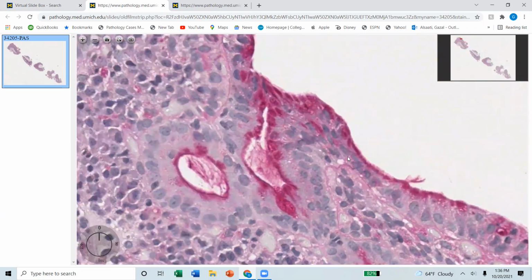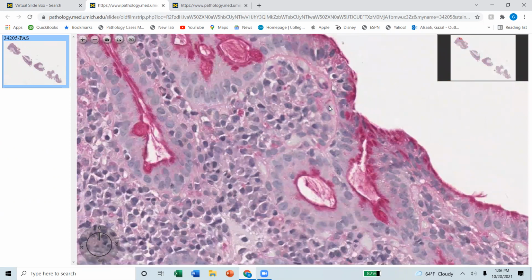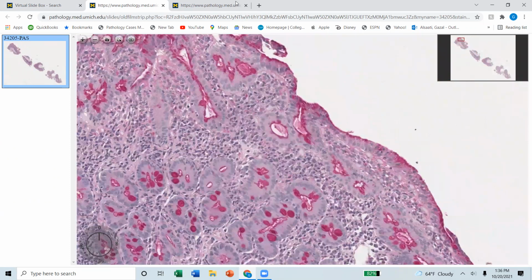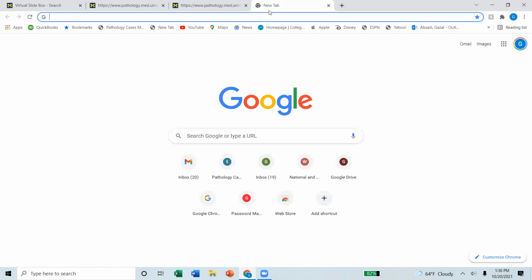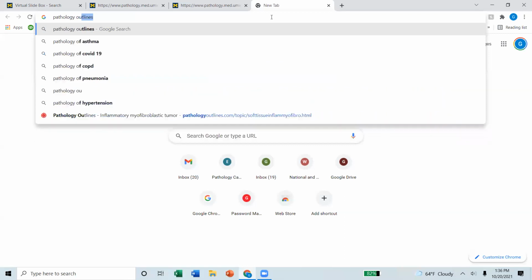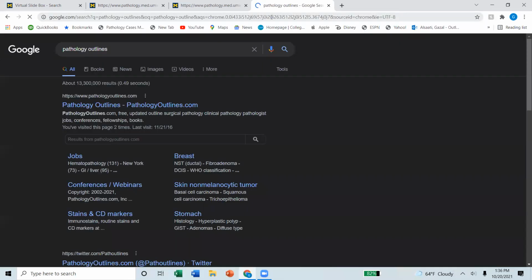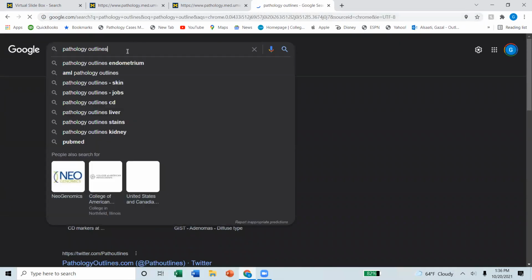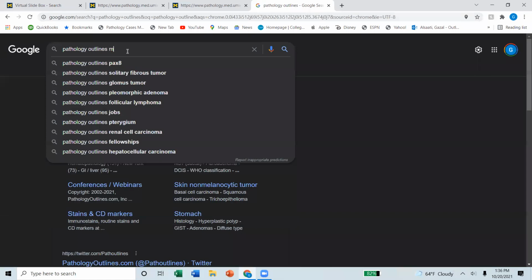As far as I remember, it's neonatal. Let me open Pathology Outlines, because it's not something that I am used to. As far as I remember, they do CD10 and they do PAS.